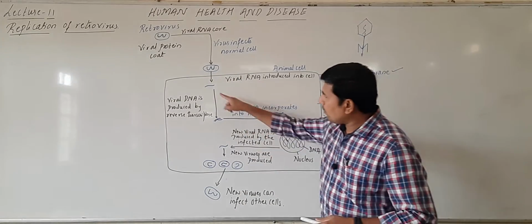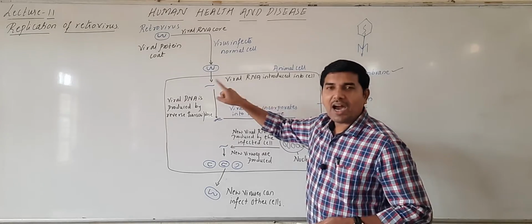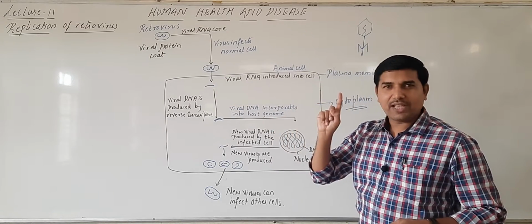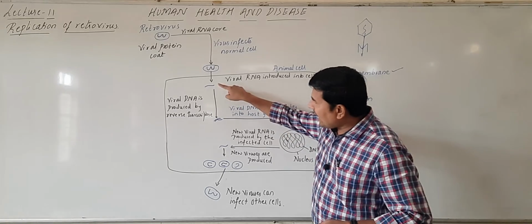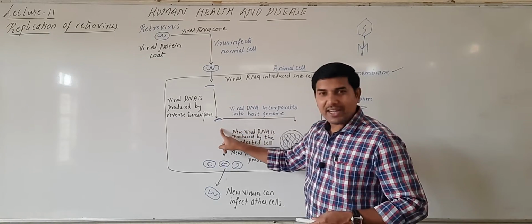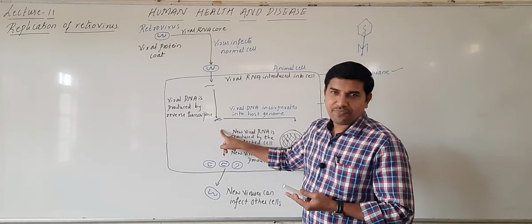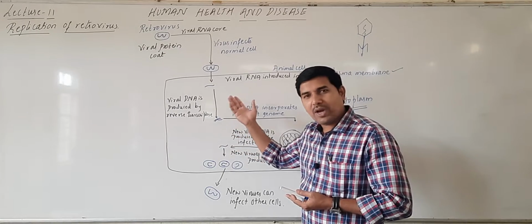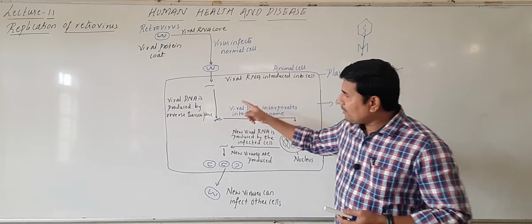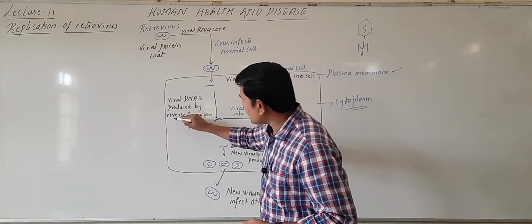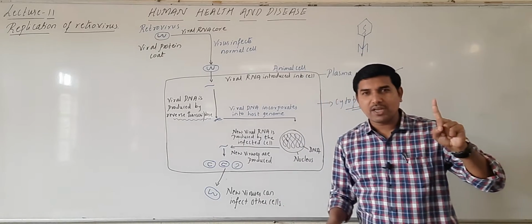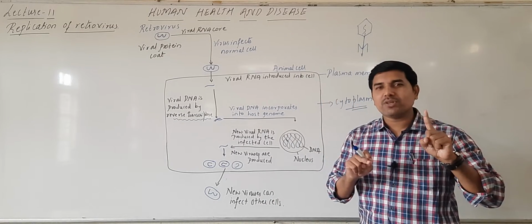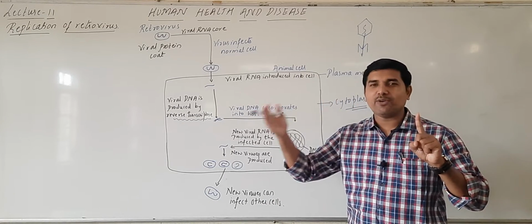Now this viral RNA is single stranded, whereas DNA is double stranded. Now this RNA is converted into DNA with the help of an enzyme that is produced by this viral RNA only, and the name of the enzyme is reverse transcriptase. This is an objective question: which enzyme is responsible for conversion of RNA into DNA?